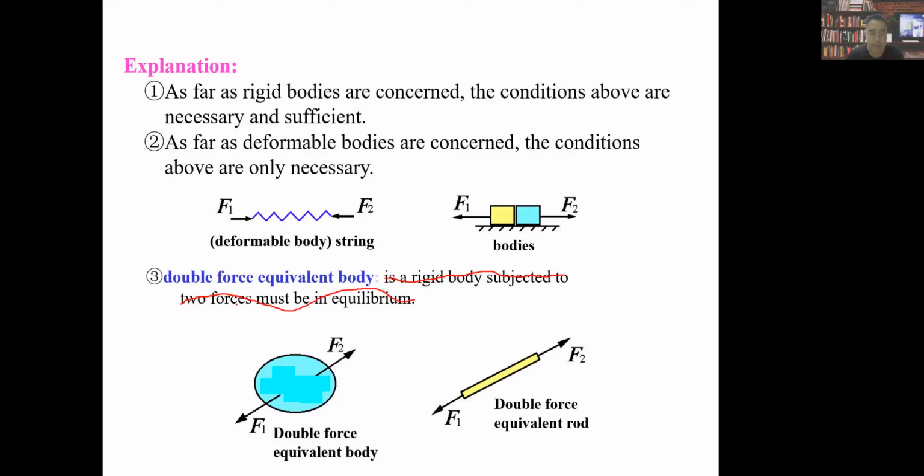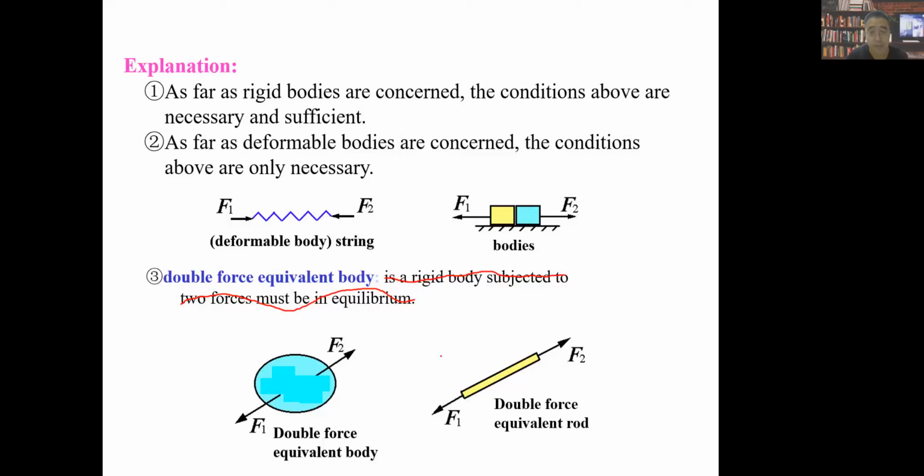Actually, this double force equilibrium rule tells us that if we have a body in the state of equilibrium, and there are only two forces acting on this body, then these two forces must satisfy these conditions. That means they have equal magnitude, opposite direction, and are collinear, right? So we call that a double force equilibrium rod.